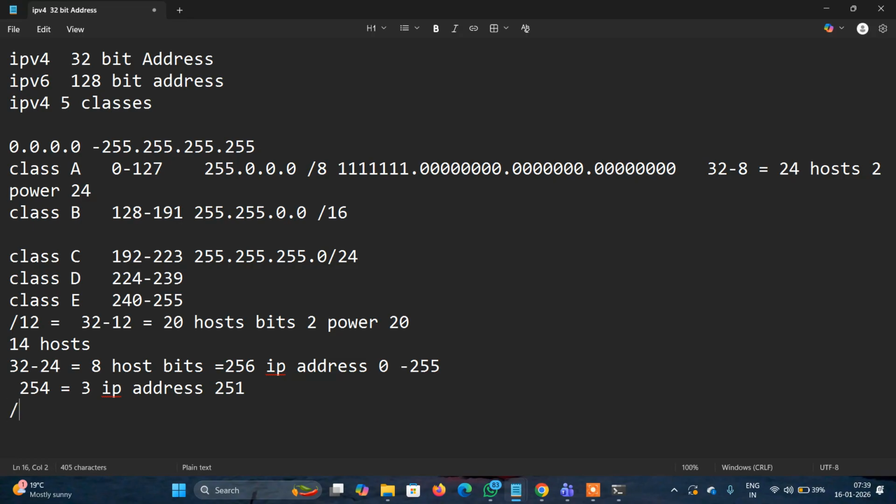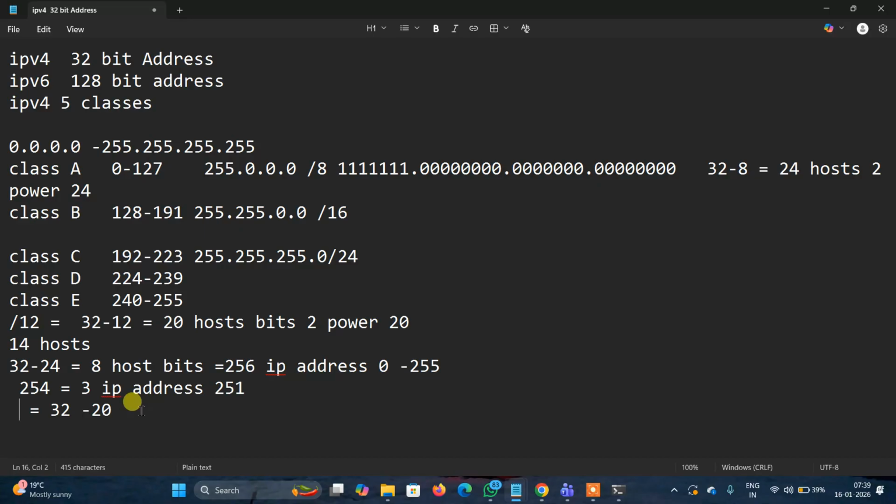Then if you take the value slash 20, total number of bits is 32. How many network bits are there? 20.